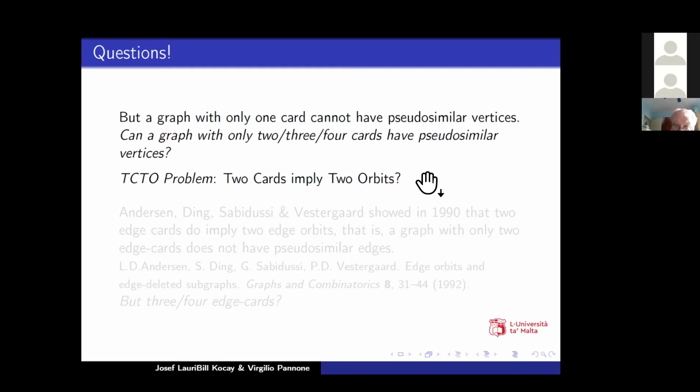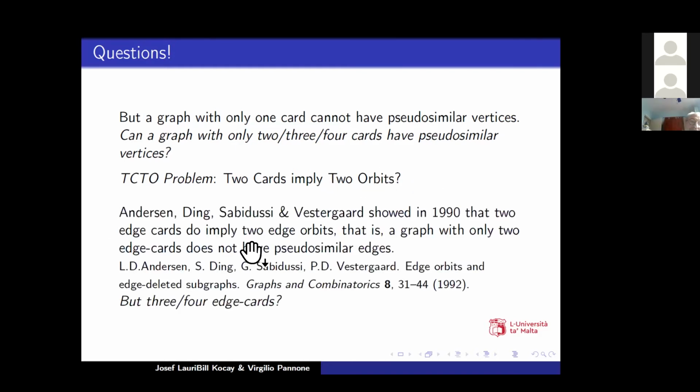Now, I must point out that Anderson, Ding, Sabidussi, and Vestergaard in 1990, the paper appeared in 1992, were working with edge cards. They showed that if you have only 2 non-isomorphic edge cards, it does imply that there are 2 edge orbits. That is, there are no pseudosimilar edges.